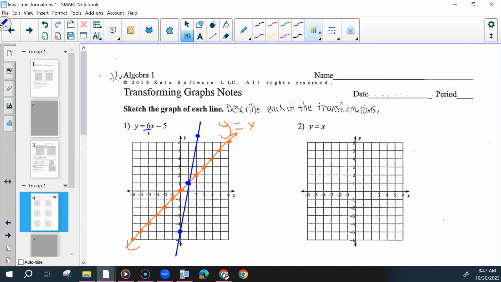Think about your transformation words from these notes, you can flip back if you need to. Y-intercept shifted down 5. What else happened?